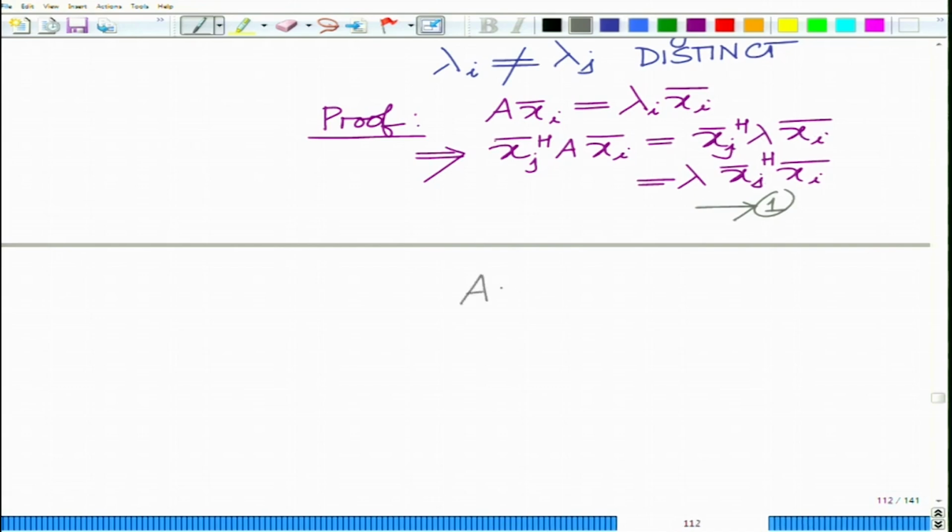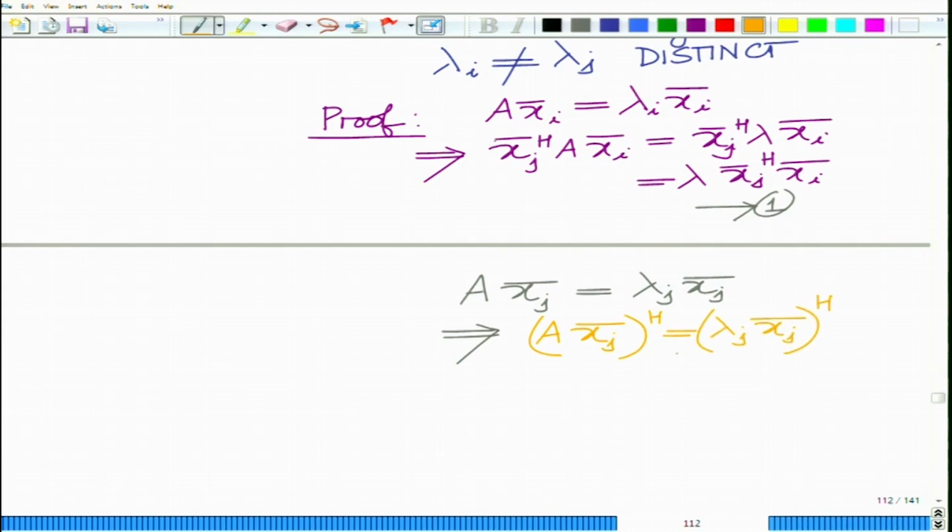Now, we also have xj bar is an eigenvector corresponding to the eigenvalue lambda j, which implies A xj bar equals lambda j xj bar. Taking the Hermitian, let us just write that one step, (A xj bar) Hermitian equals lambda j conjugate xj bar Hermitian.